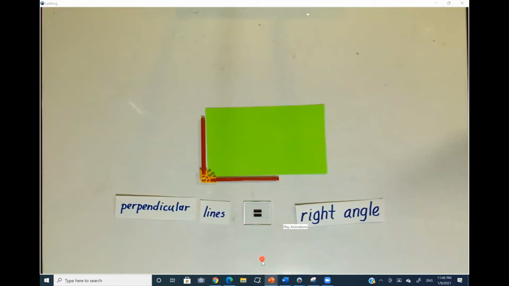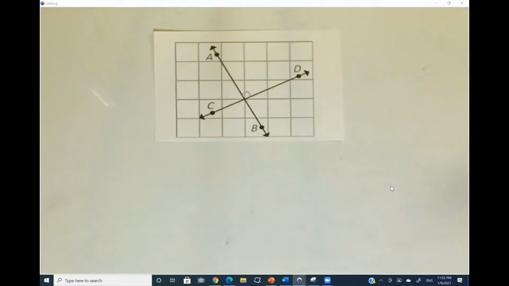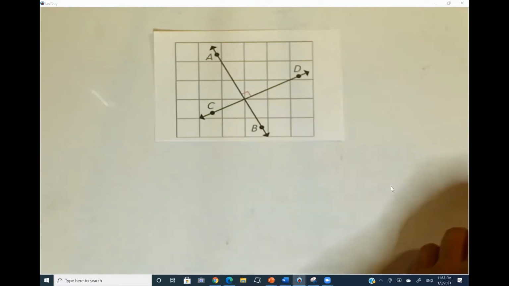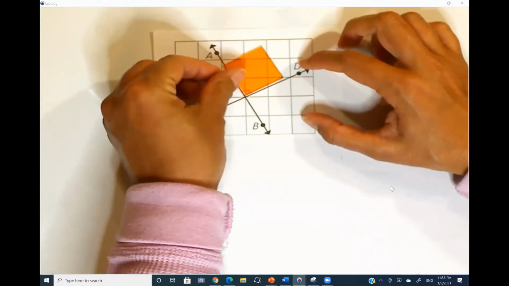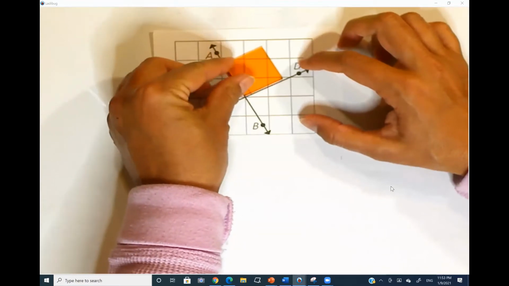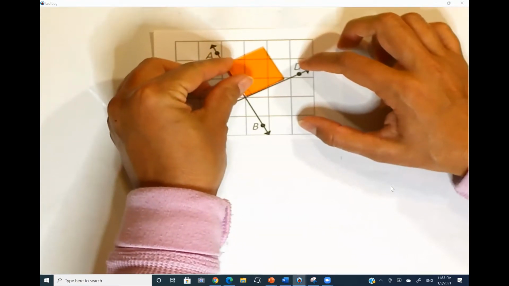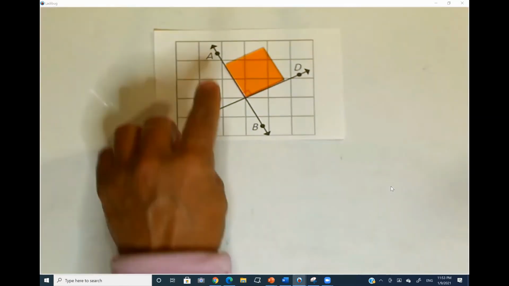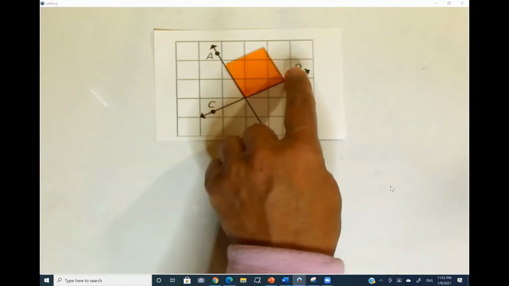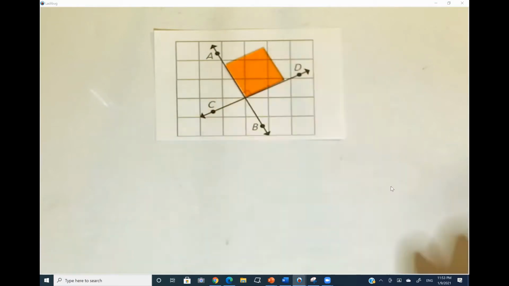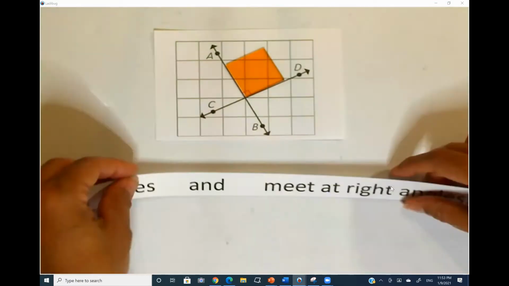Let's see it in another example. Let's look at these lines. If you notice, if I put a square here, you can see that the square fits perfectly in this corner. Therefore, I can tell that line AB is perpendicular with line CD. So let's write a sentence about that.